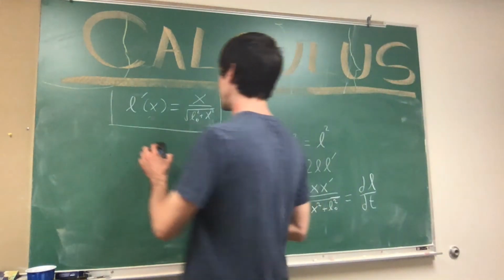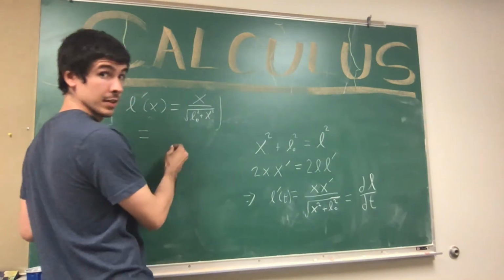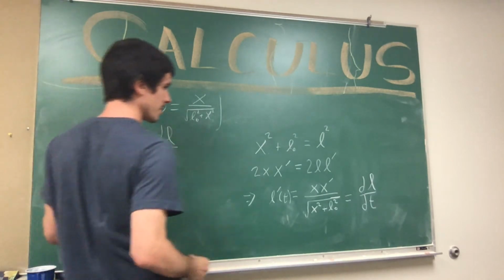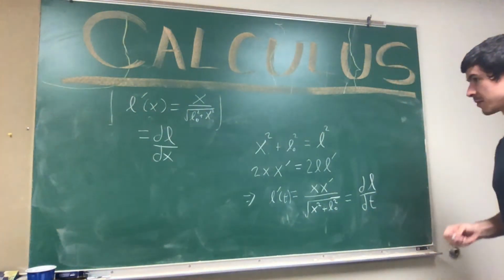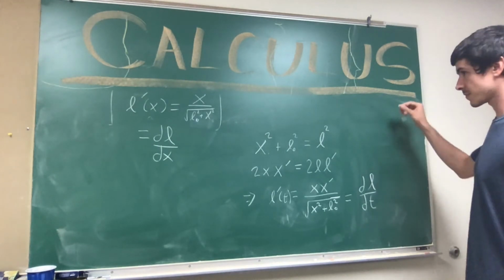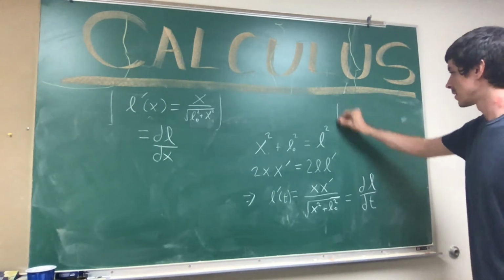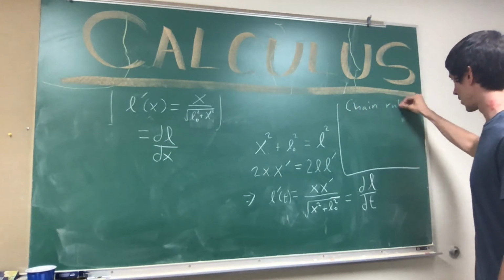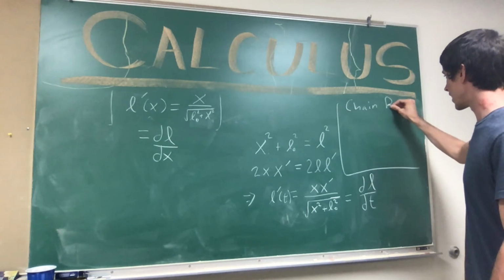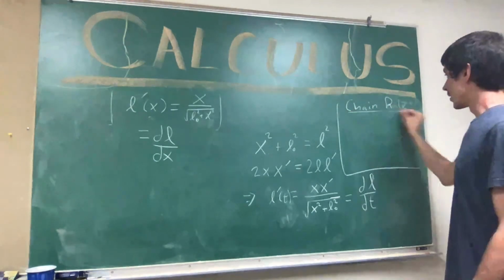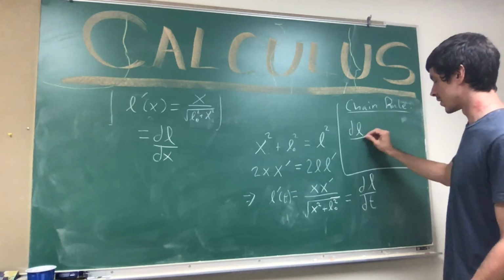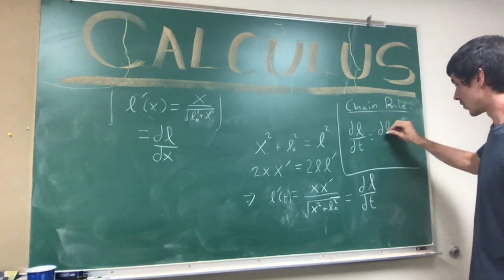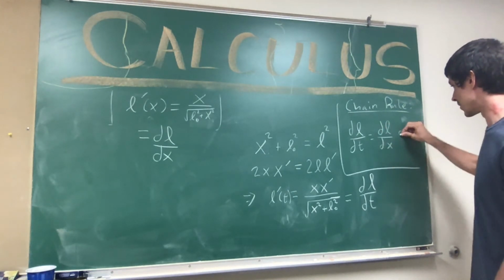And then this up here is dL over dx. And then the chain rule, using this notation, says that dL over dt equals dL over dx times dx over dt.